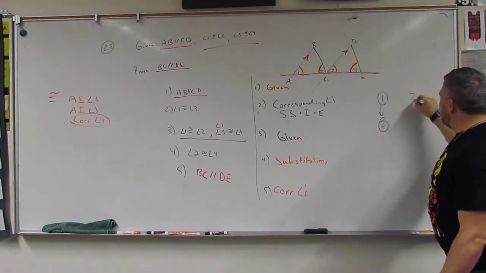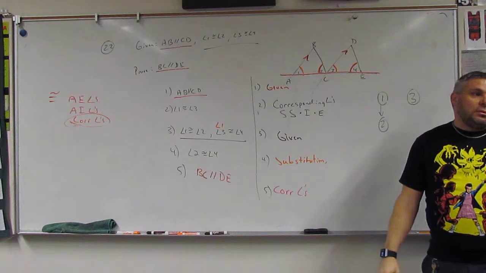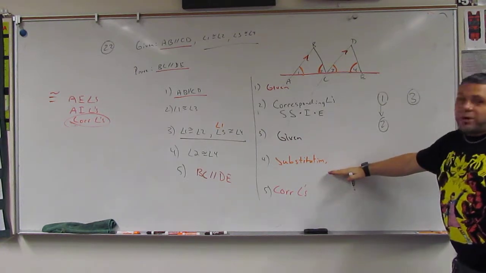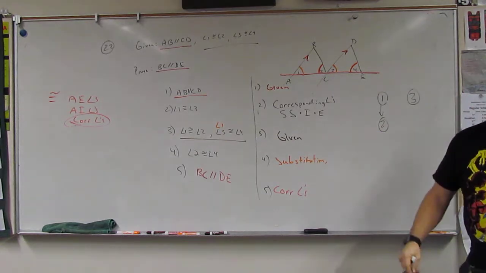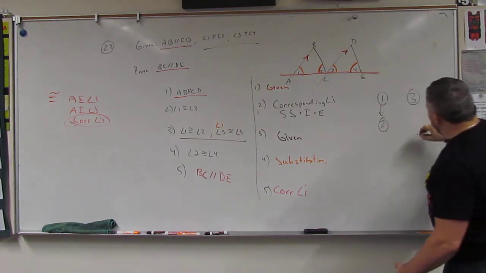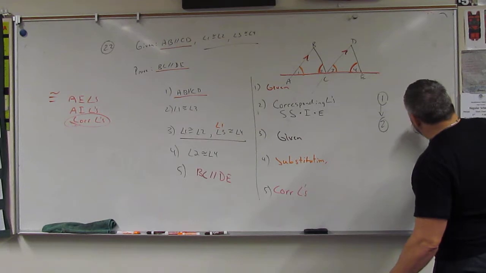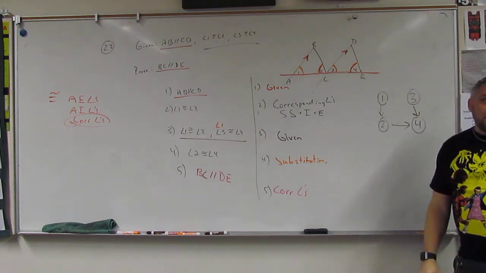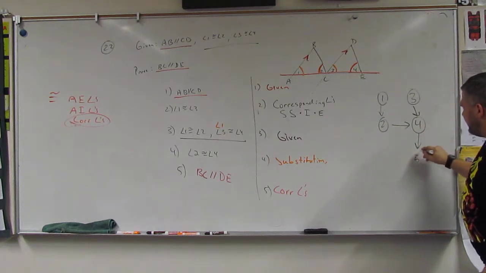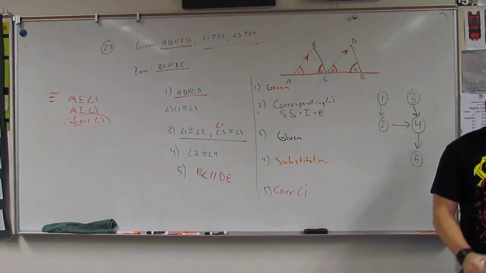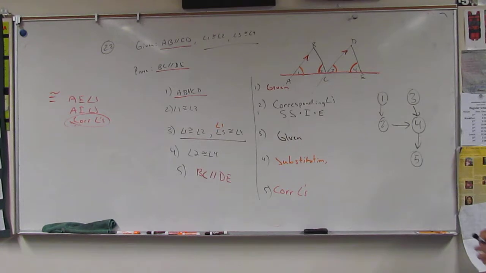No. So 3 is all on its own because it's a given. Did we use 3 to get to 4? Yes. In fact, we used 2 and 3 to get to 4, didn't we? Right? But then from 4, we were able to get to 5. And then that's the flow chart.